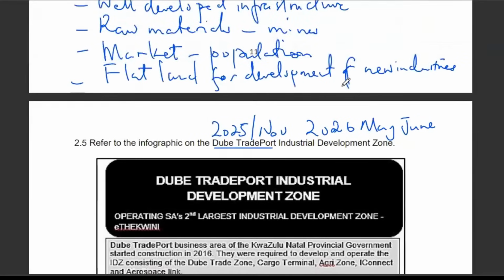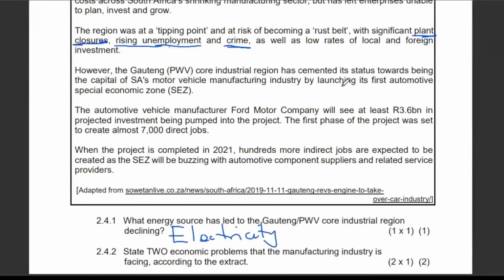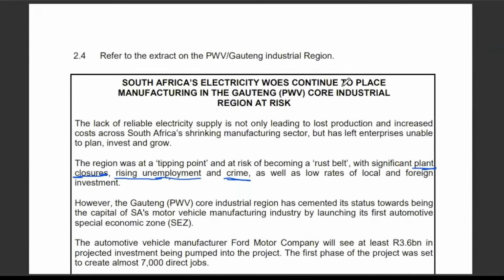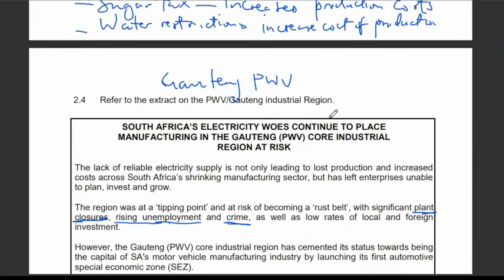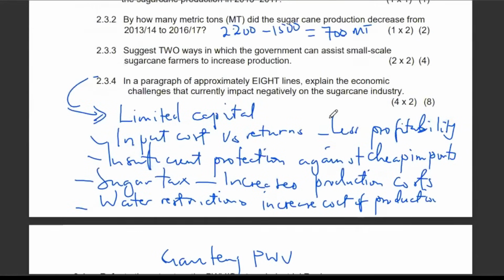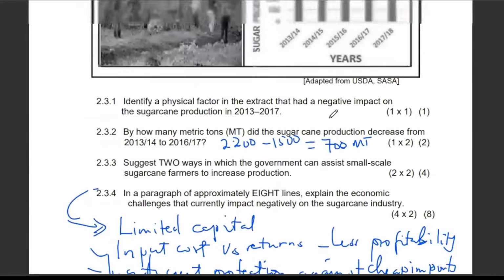We have covered that. And also we check on another area of specialization, the Gauteng PWV. This one stands for all the exam sessions. It's a compulsory PWV region, but in this instance, we are saying you must also cover it because it's part of your examinable core industrial region.